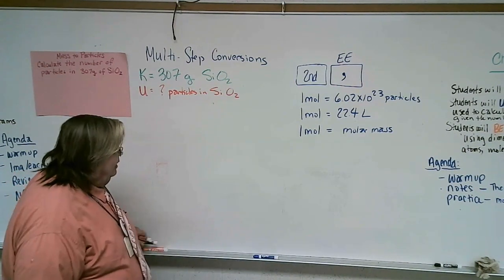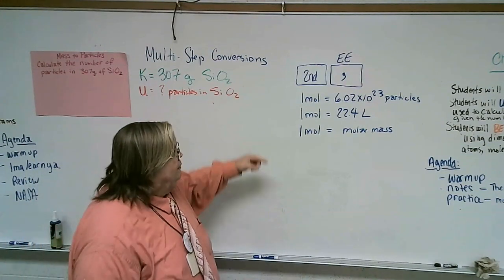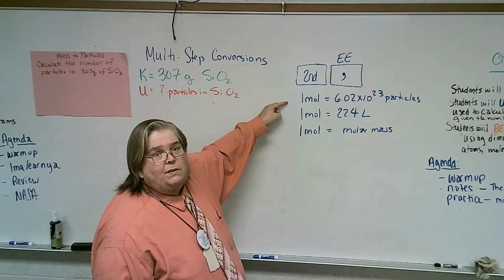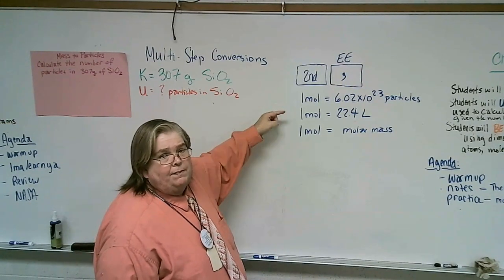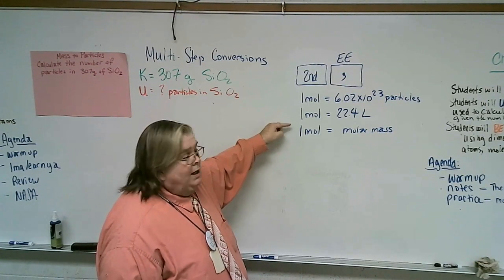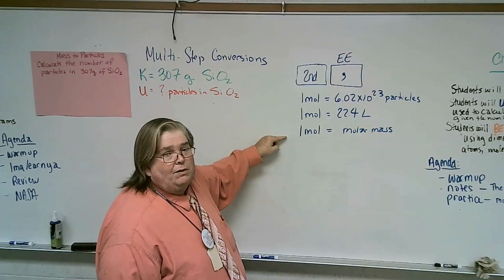So as you know, we have several different conversion factors that we can use. We have 1 mole is 6.02 times 10 to the 23rd particles. We have 1 mole is 22.4 liters. And we have 1 mole equals molar mass.